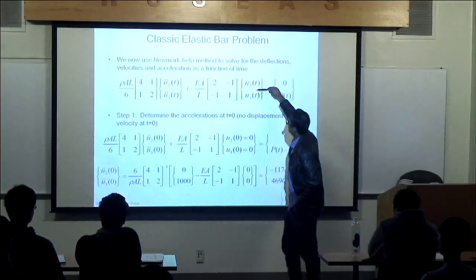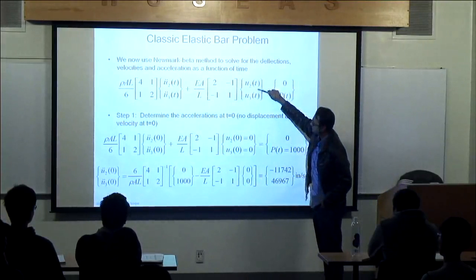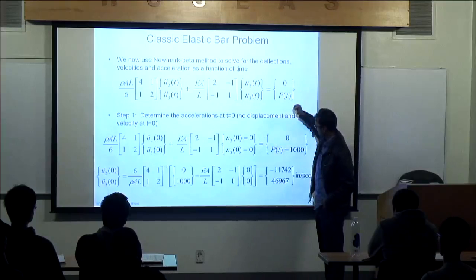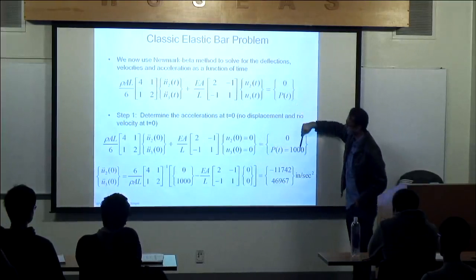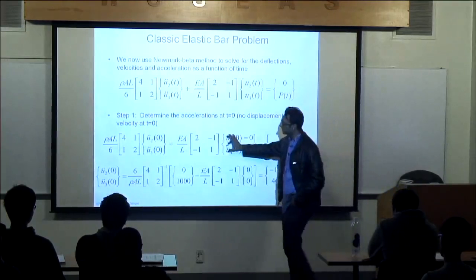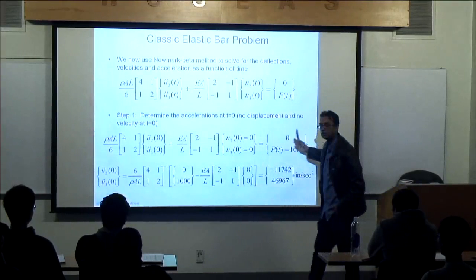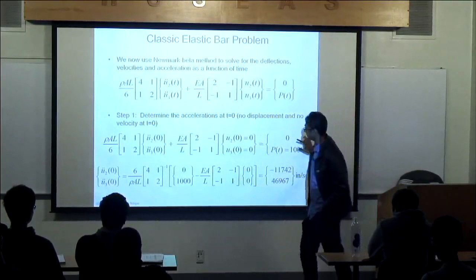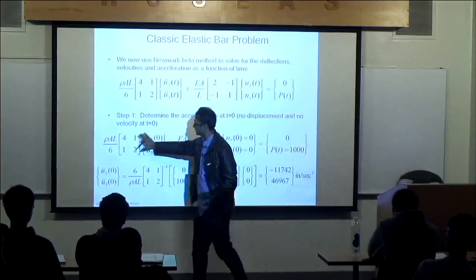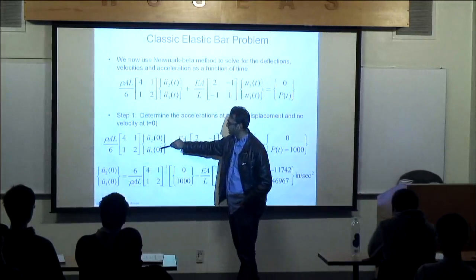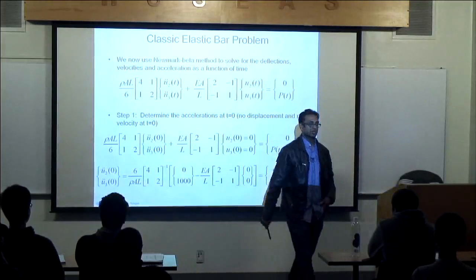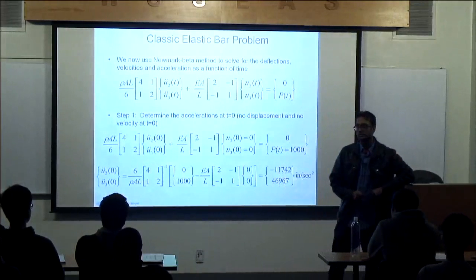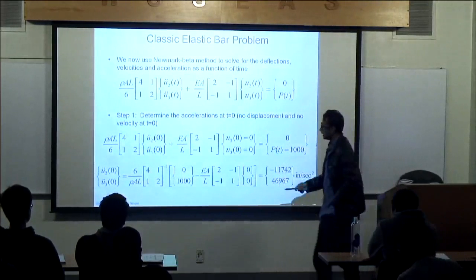And I'll plug in what U2 and U3 are. Those are 0. And I'll plug in what the force is, 1,000 pounds. And from here, do you agree that I know everything now? The only thing I don't know is the accelerations. So I'll solve for the acceleration, so I know the initial accelerations in the system.